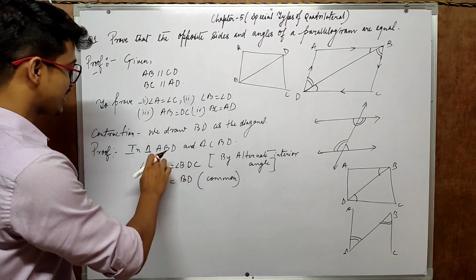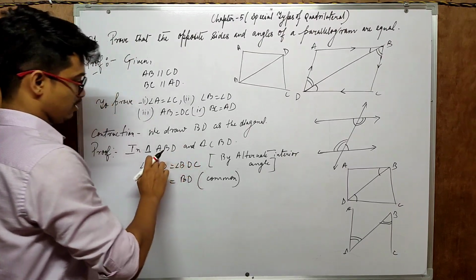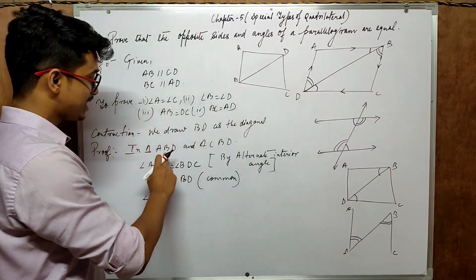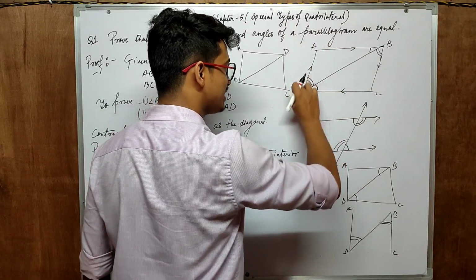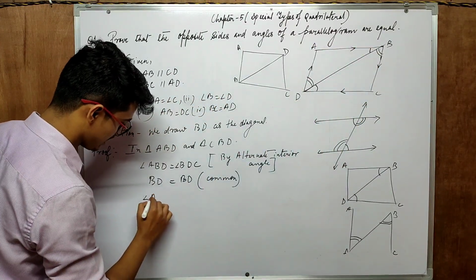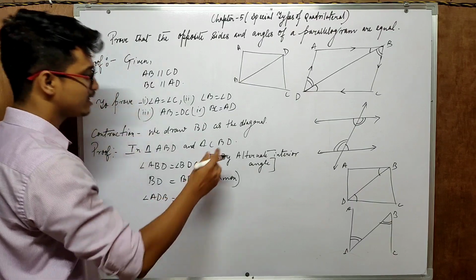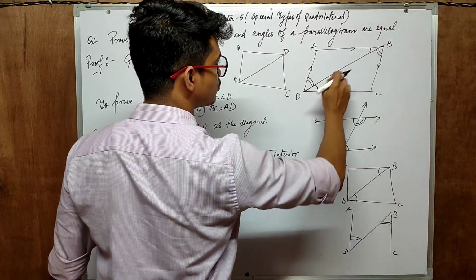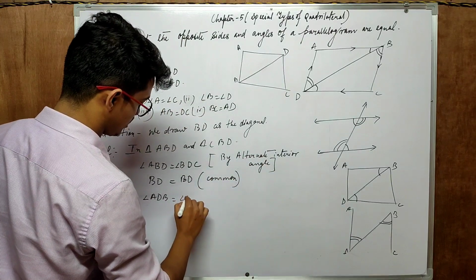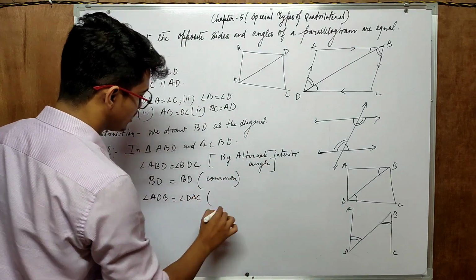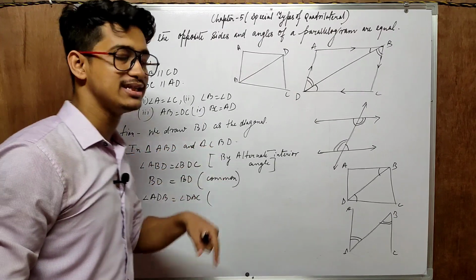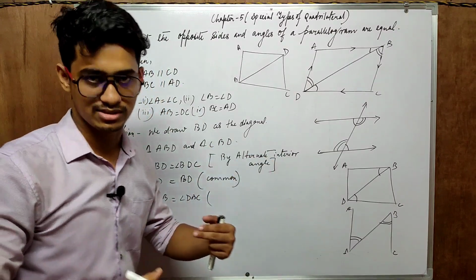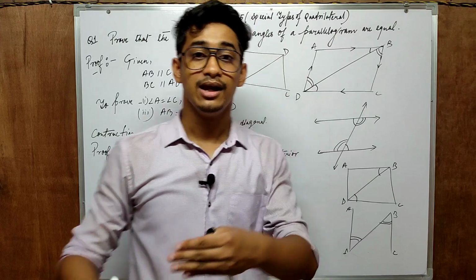So first of all, we have to write angle ADB, because ABD is coming in the first position, and then we can write angle DBC. Why am I doing that? Because we have written ABD in the first place and CBD in the second position. So we have to maintain all such things, right? We have to maintain the decorum.